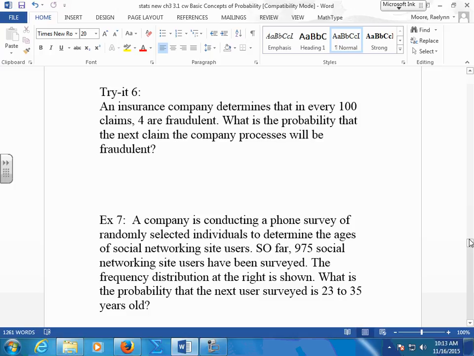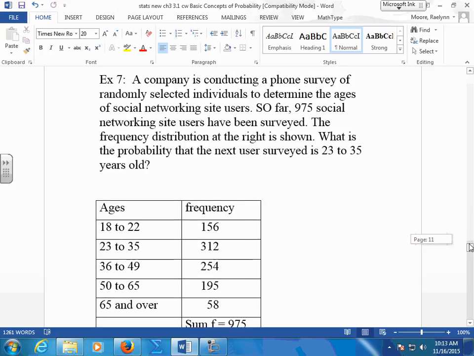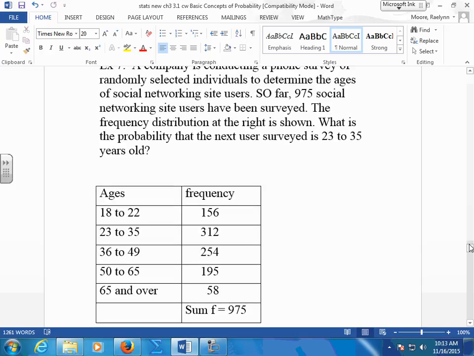Okay? So we see a lot of probabilities going on here. A company is conducting a phone survey of randomly selected individuals to determine the ages of social networking site users. So far, 975 social networking site users have been surveyed. These are their results. Are these results theoretical or empirical?